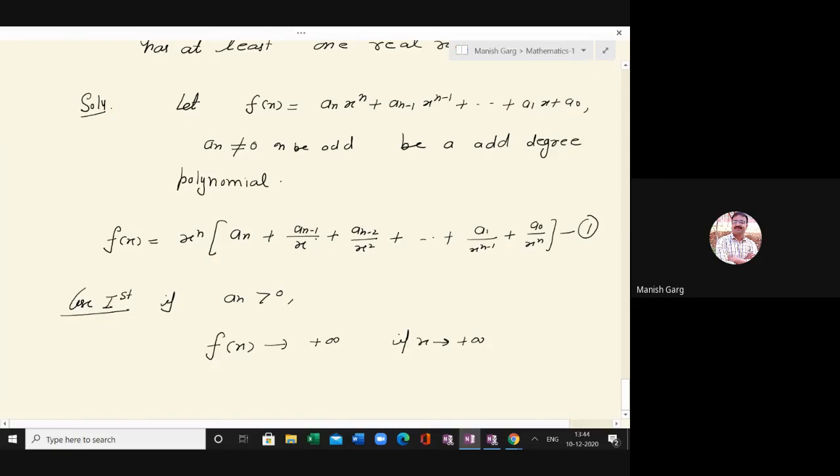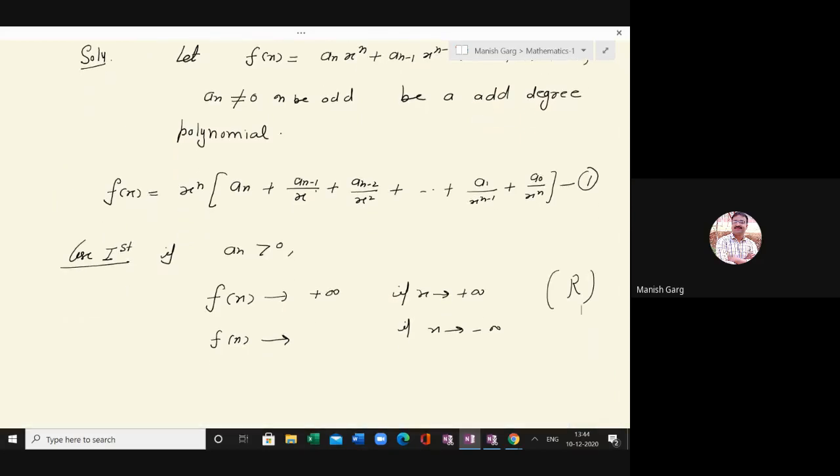f(x) will approach plus infinity, since n is odd. And f(x) as x approaches minus infinity, because you are working on R, from minus infinity to infinity: a_n is positive, all the other terms will be 0, x is minus infinity with odd power, so it will be minus infinity.